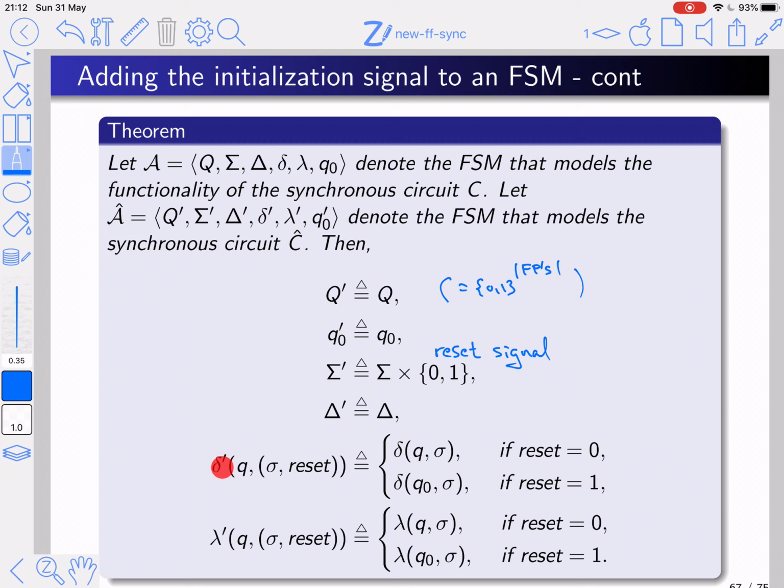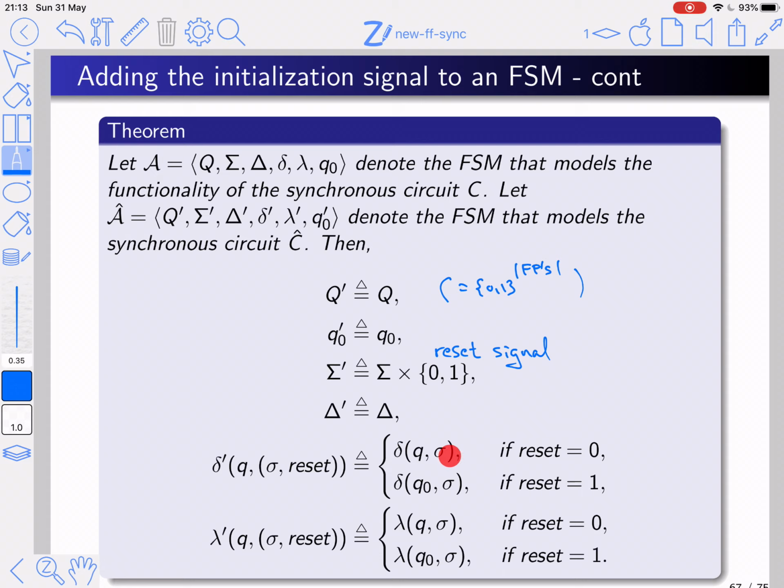The transition function. Okay, so the transition function is a function of the state and the symbol in the input alphabet. Now the symbol in the input alphabet will consist of a symbol in sigma plus the value of the reset signal. So delta prime is defined as follows. Either the reset is 0 or the reset is 1. If the reset is 0, then delta prime of Q, comma, sigma, comma, 0 is just delta of Q, comma, sigma.